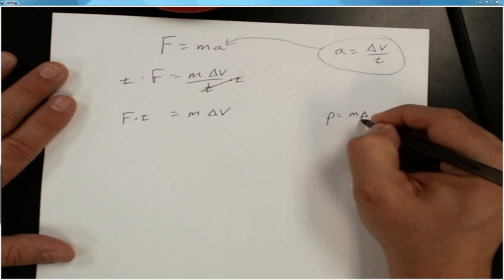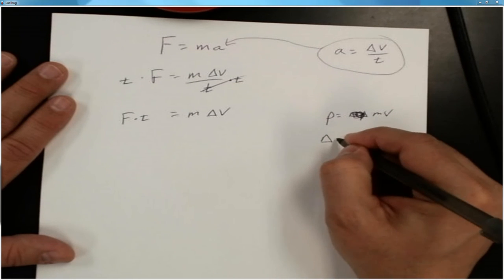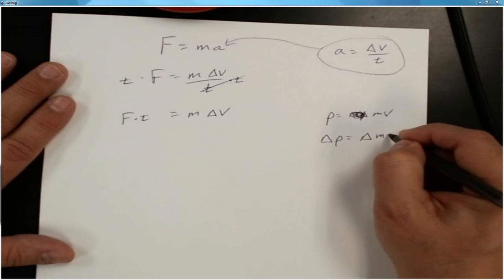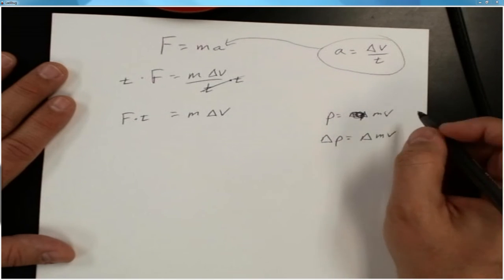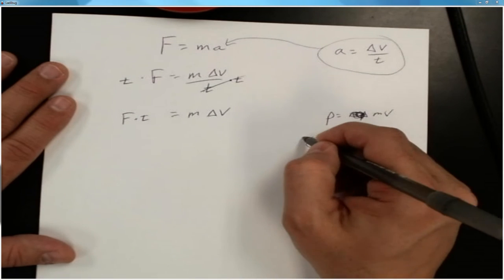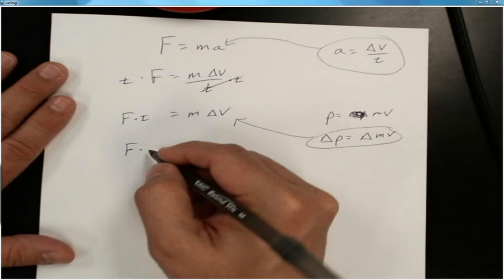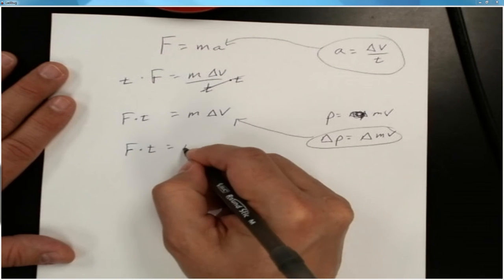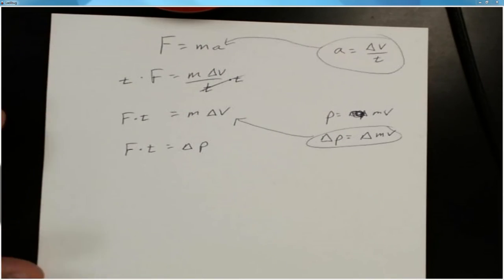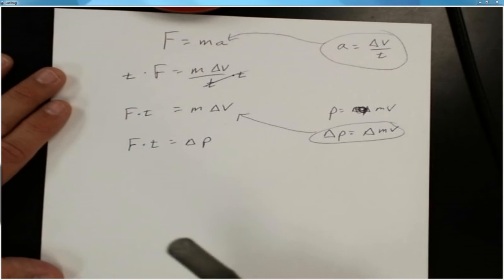So the change in momentum is going to be equal to the change in mass times velocity, which is the same thing as this. So we're going to replace the change in momentum here. So force times time is equal to the change in our momentum. In words, force multiplied by time is the change in our momentum.